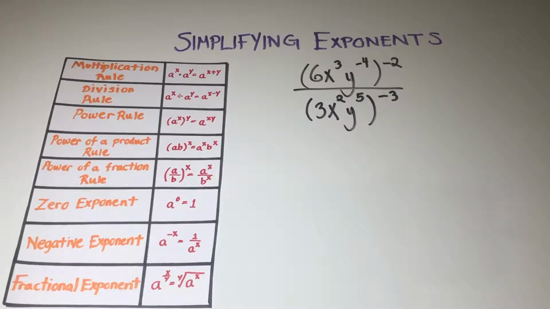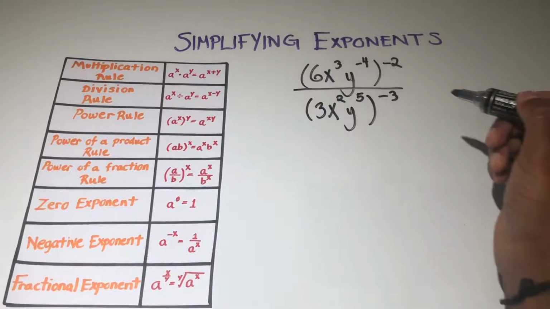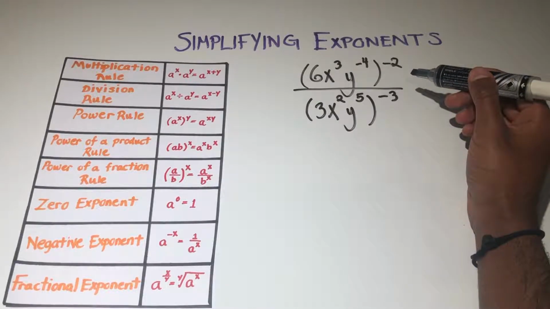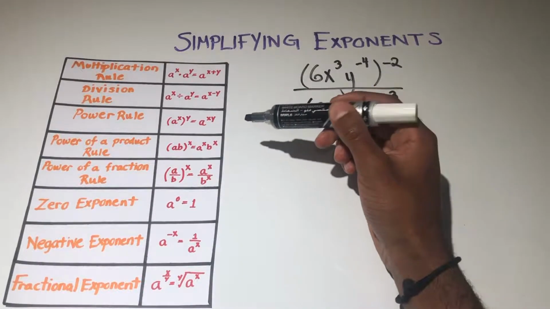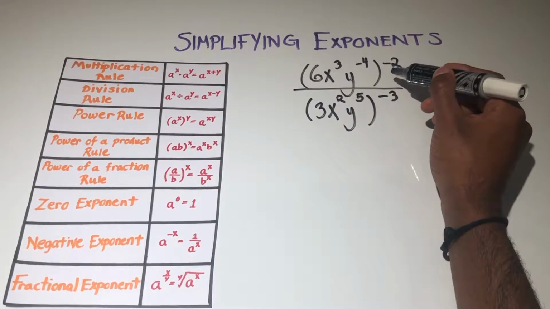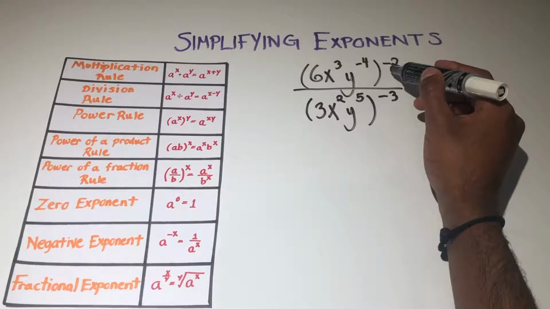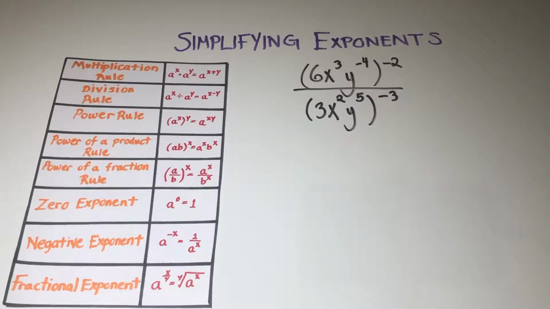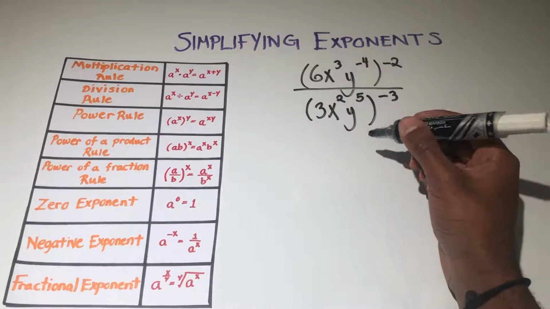So looking at the numerator, notice how the whole top expression is to the power of -2. Now applying the power rule here, we can see that we can distribute -2 over each expression. So let's begin by doing that.